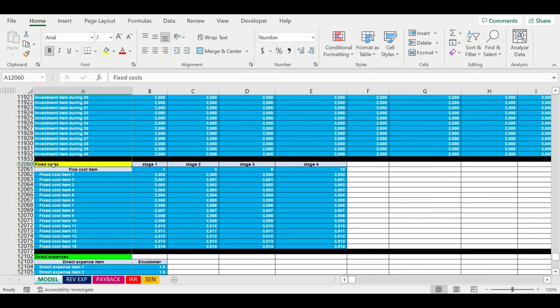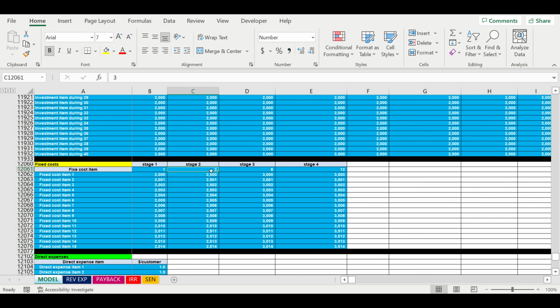Then we have fixed costs. So we may have some staged fixed costs. Here we specify what the articles of fixed costs are. Then we specify the month of operating activity when these fixed costs occur, and these are the values of these fixed costs. So at the first month of operating activity we have these values of fixed costs.